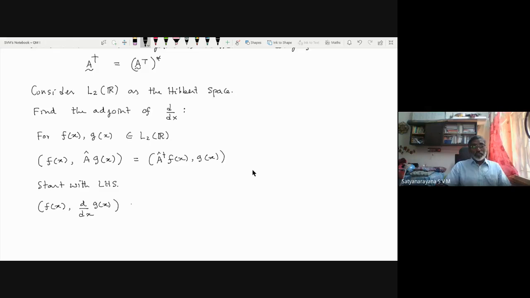Now, by definition of the inner product, this is equal to the integral from minus infinity to infinity, remember this is over the set of real numbers R, dx f star of x into d by dx of g of x. Maybe it is more convenient to write this d of x.